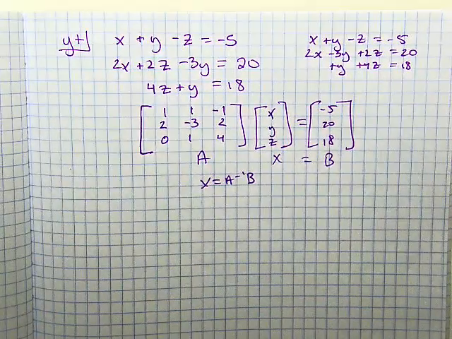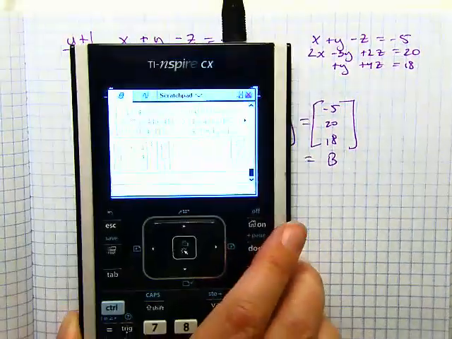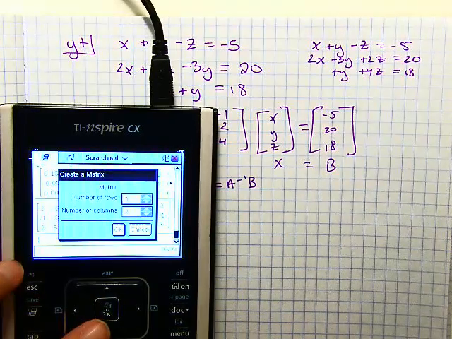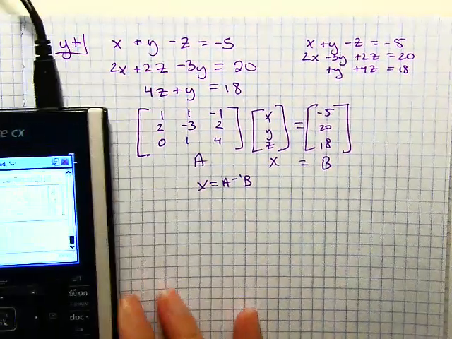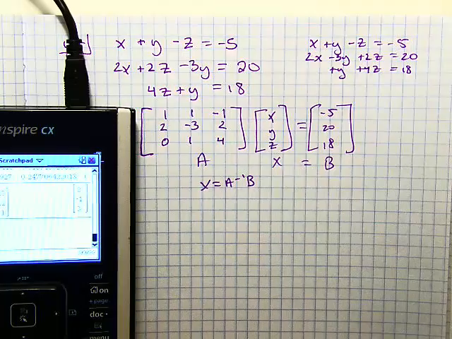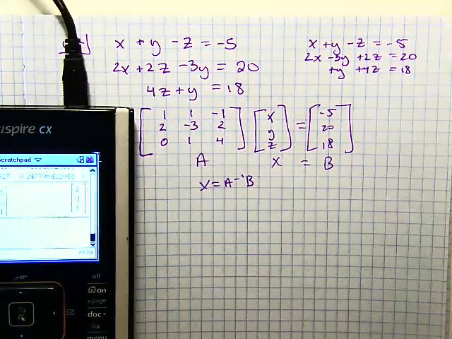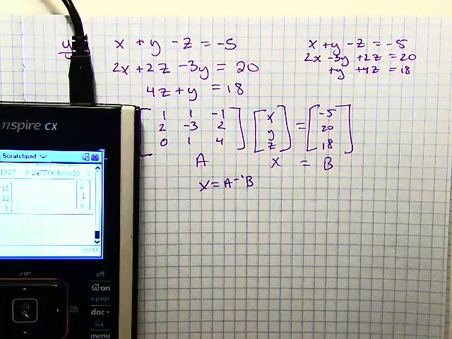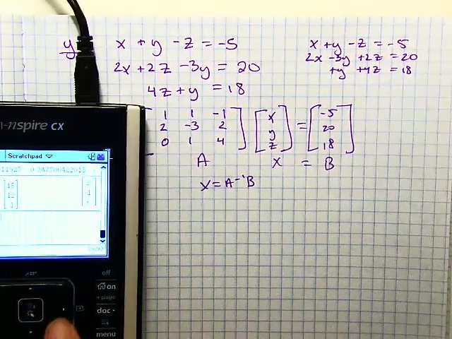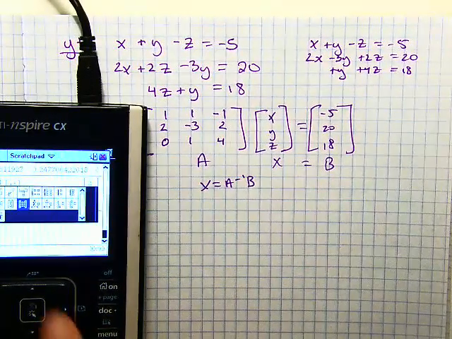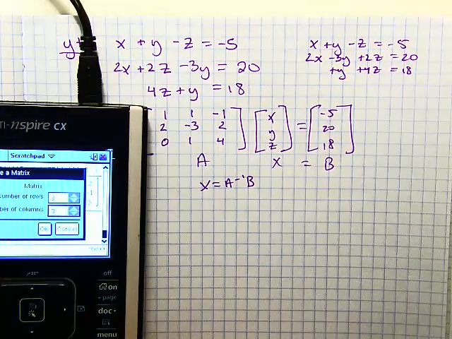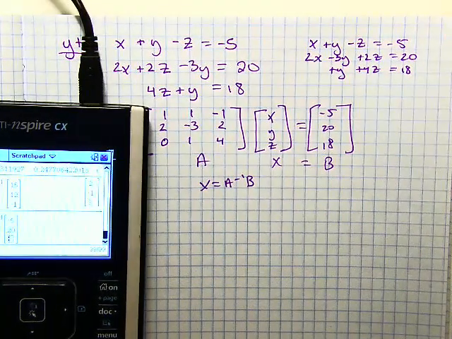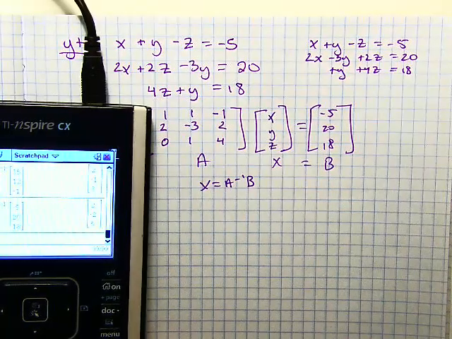And so now I will plug this into my calculator, hit that button, enter, 3 by 3, 1 tab, -1, tab 2, tab -3, tab 2, tab 0, 1, 4, to the -1, matrix, 3 by 1, -5, tab 20, tab 18, enter.